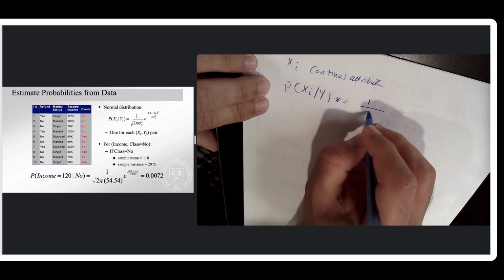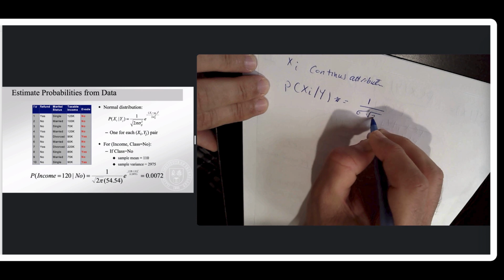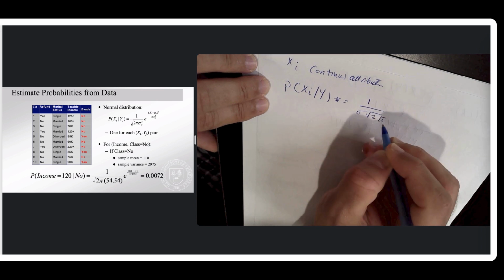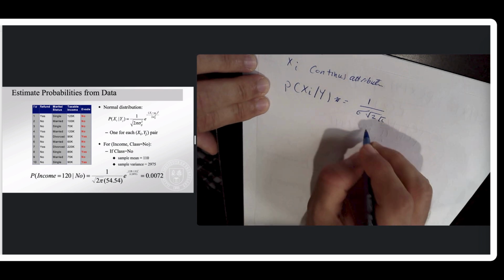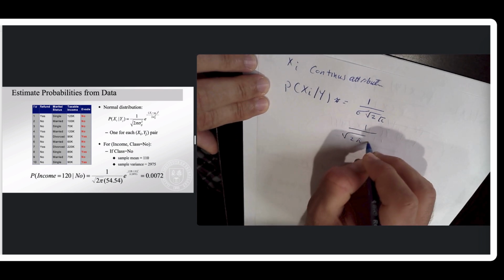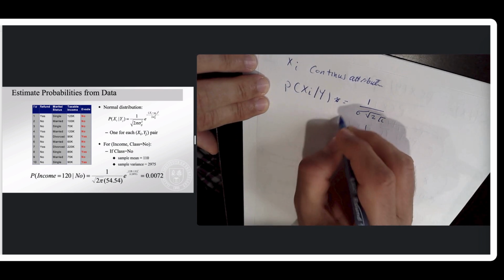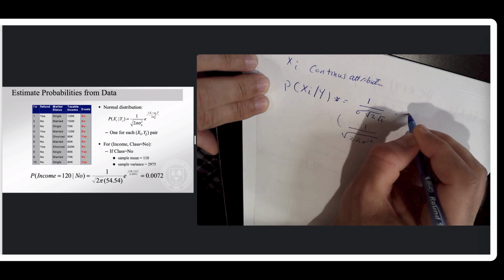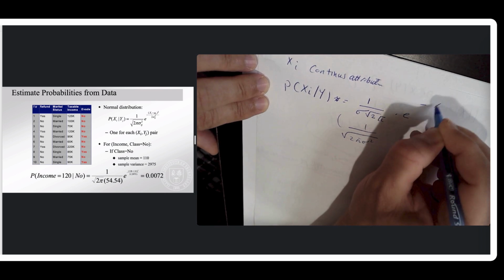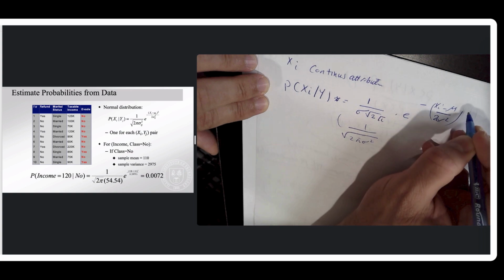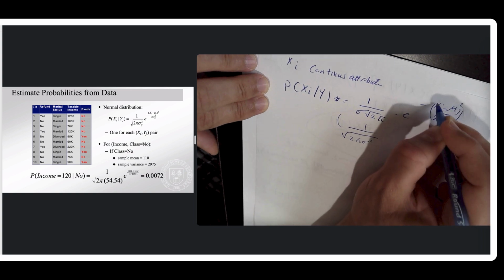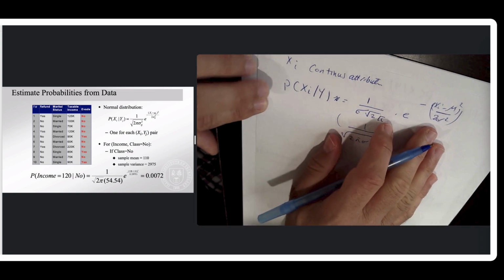Or you can use 1 over sigma square, both of them are equivalent, times e to the power of minus xi minus mu, all squared, divided by 2 sigma square. Sorry, this is going to be squared, the top. And this is the formula that we have.